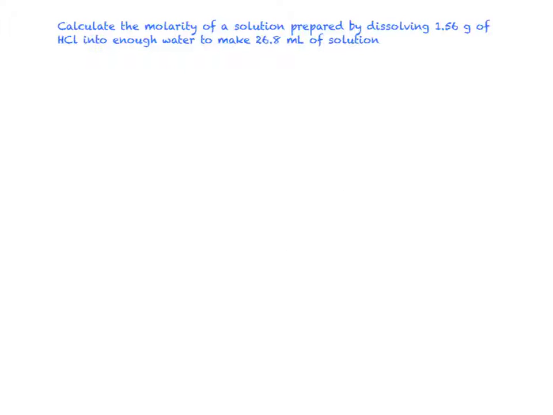Alright, so here's the scenario. It says calculate the molarity of a solution prepared by dissolving 1.56 grams of HCl into enough water to make 26.8 milliliters of solution. We remember that molarity is moles of solute over liters of solution.